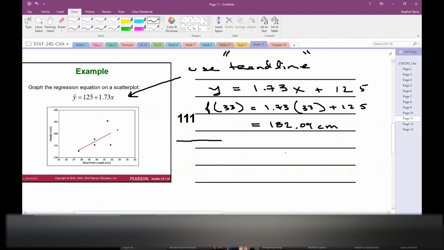Like if somebody said, guess my age, what would you guess? You would guess the average age of people or students, right? If I didn't have any other predictor, like an X variable, and somebody says, what is my age? I would say, what's the average age of people in Canada? I don't know, 40.